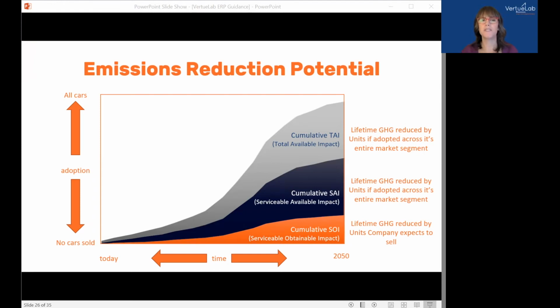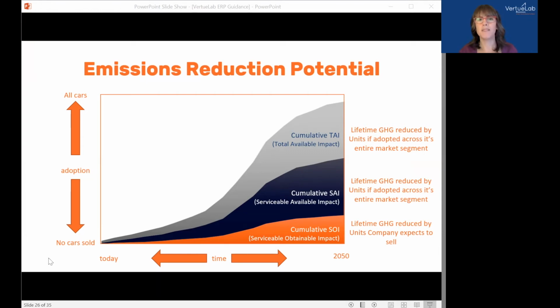In orange, this is what VertueLab is looking for, the cumulative obtainable market, the SOI: the greenhouse gas emissions reduction that would be achieved if this company met its sales targets to its specific target customers between today and the year 2050. And this should correlate with the same logic that the company uses in its financial forecasts.